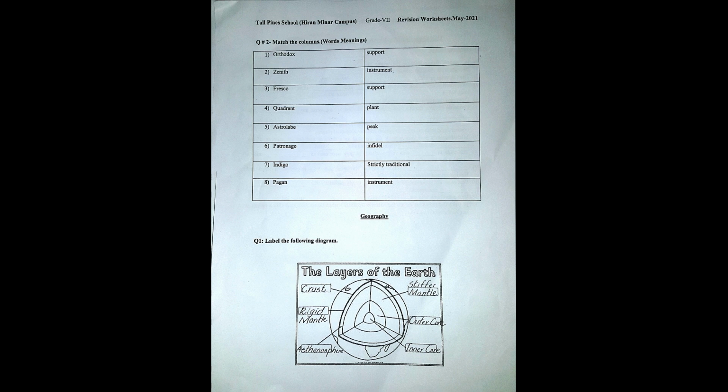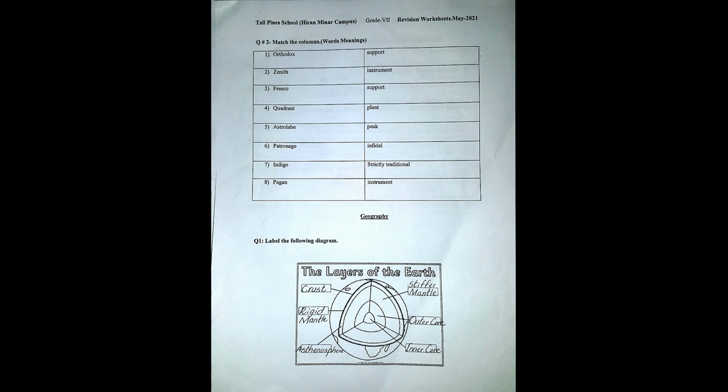You can see on the right side of the picture, there is crust. In the middle there is rigid mantle. And on number 3rd arrow there is asthenosphere. The layer is asthenosphere.